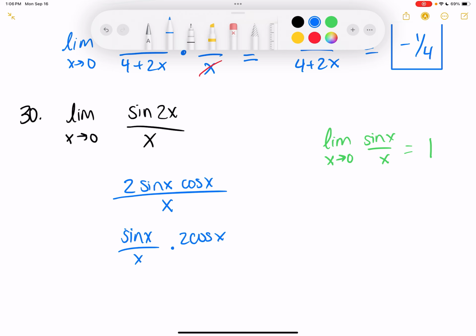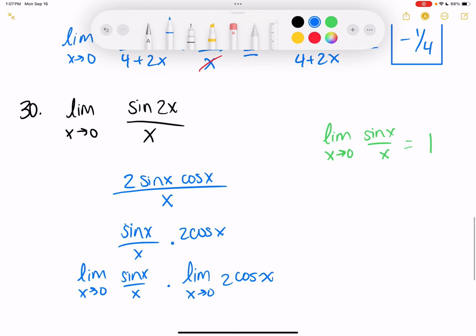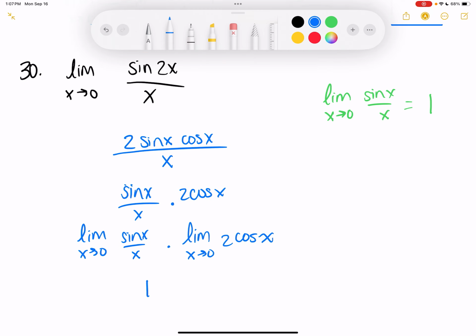The limit as x approaches 0 of sine of x over x times the limit as x approaches 0 of 2 cosine of x is equal to 1 times the limit as x approaches 0 of 2 cosine of x. I just plug it in.